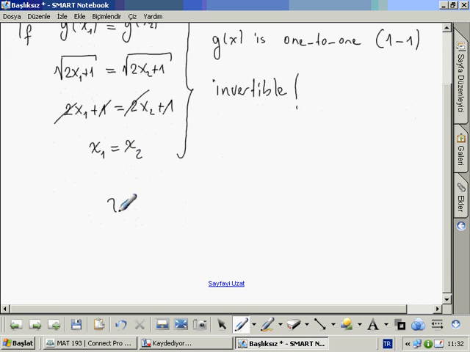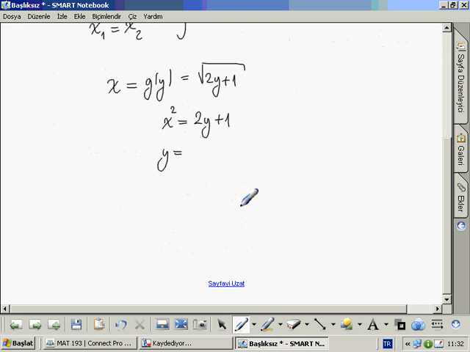To invert it, x equals g of y, which equals the square root of 2y plus 1, and x squared equals 2y plus 1, and y equals x squared minus 1 over 2.